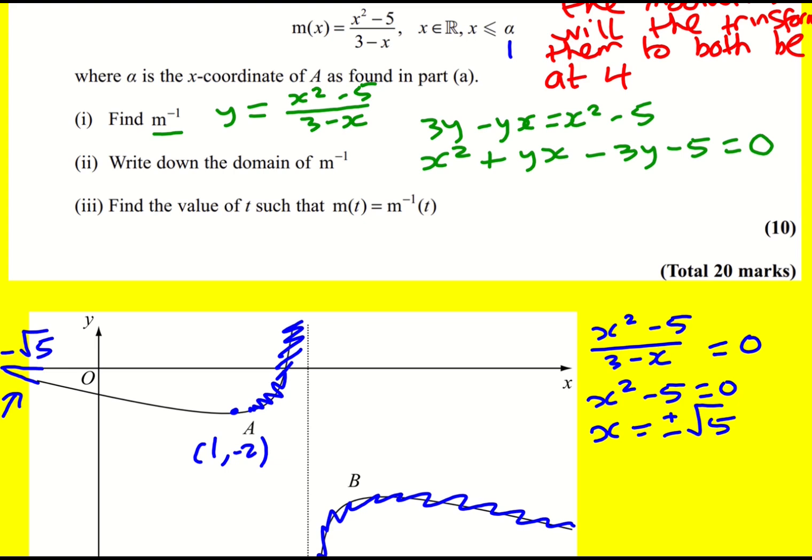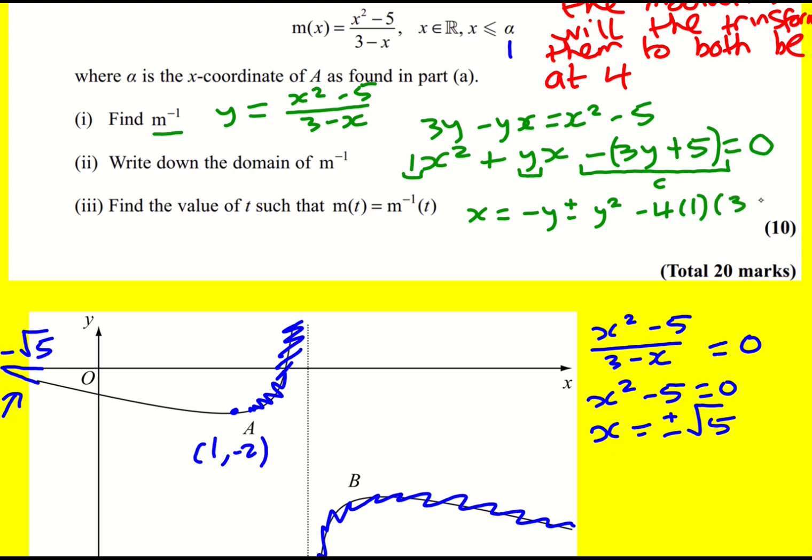We can use the quadratic formula. x is going to equal... right, so here's b, a is 1, and this is c. So I could bring it together like this. For c, it's going to be the whole thing. So x will equal minus b, so minus y, plus or minus the square root of y squared minus 4ac.